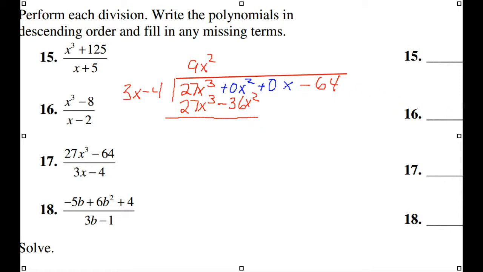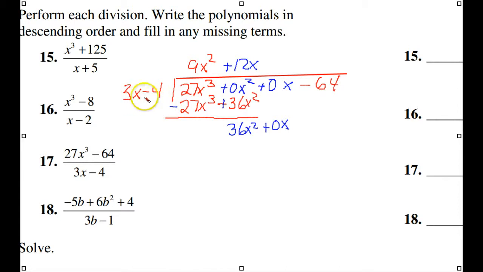Now what we're going to do is change the signs and add. So this gives me 36x squared. Bring down my 0x. And 3 goes into there plus 12x times.